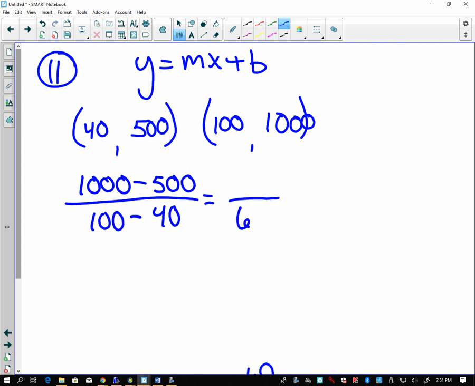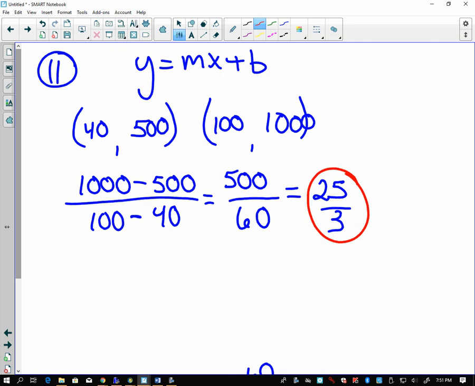We should still get 60 here, but on the top we're going to get 500 over 60. See if we get the right slope at least. And we do. That gets us to 25 thirds. So it does give us the right slope this time.